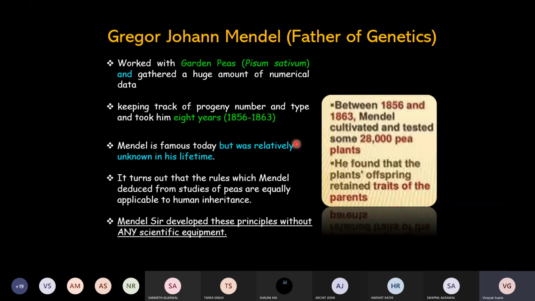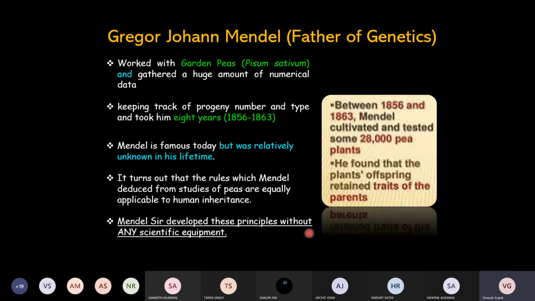Suppose nowadays we want to do some experiment, we need a sophisticated lab, first of all. But he was a scientist who, if you see the last statement here, developed the principles of genetics without any scientific equipment. It was just the breeding experiments he used to do.